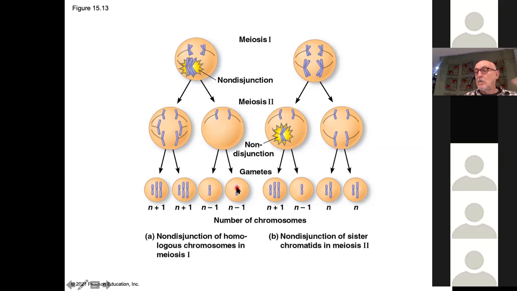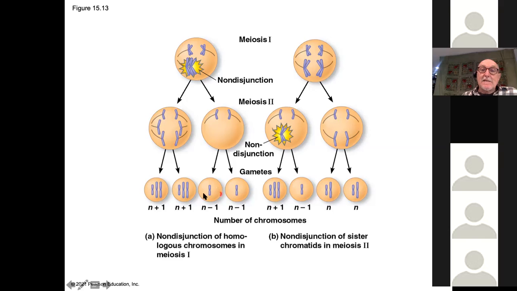So our number is completely wrong. Instead of being haploid, we end up with n minus 1, n minus 1, and n plus 1, n plus 1.